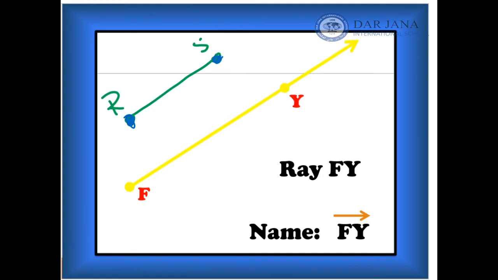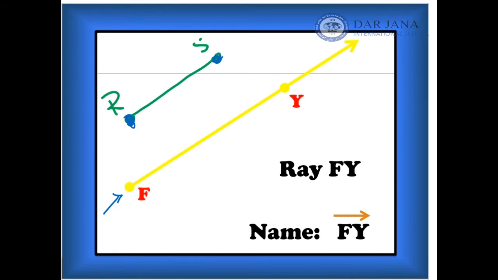If you look at the drawing of RS, you're going to see that it stopped in both directions, so it's a line segment, while here it is a ray. How am I going to name the line segment?